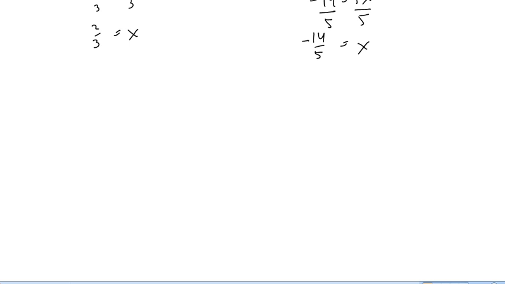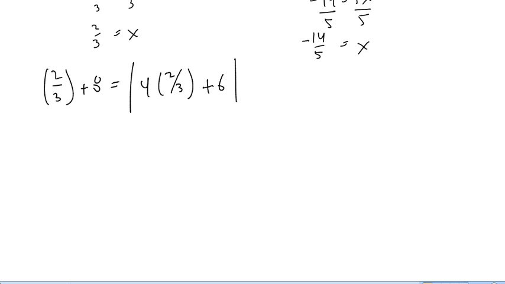Alright, let's see whether or not 2/3 makes our original equation true. So we get 2/3 plus 8. So common denominators, 2/3 plus 24 over 3.